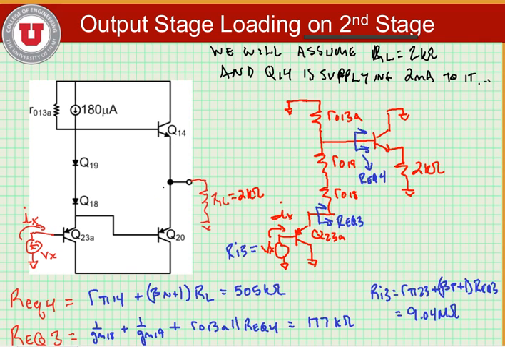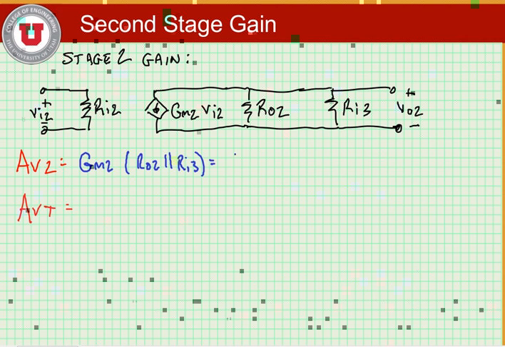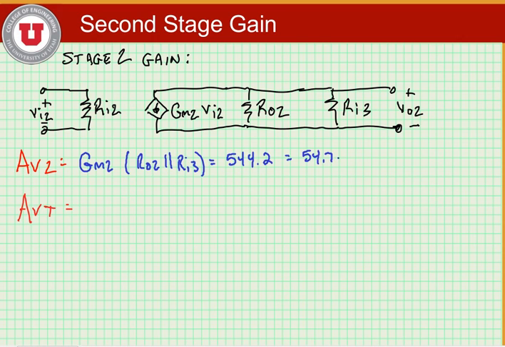From this, we can now figure out how much stage 3 loads stage 2 and find the total voltage gain. So Av2 is equal to big Gm2 times Ro2 in parallel with Ri3, and is equal to 544.2, which is equal to 54.7 dB.